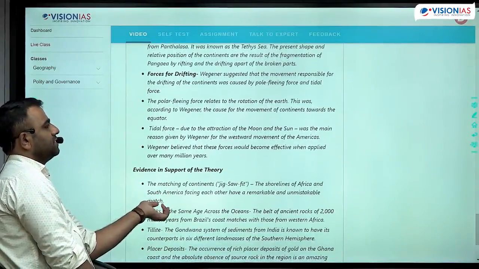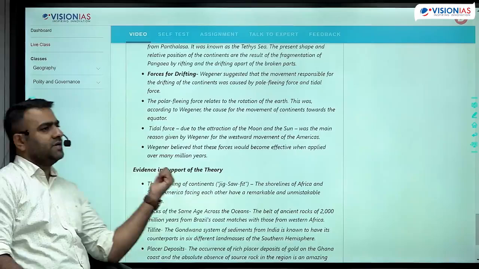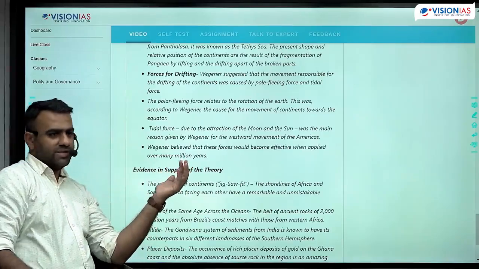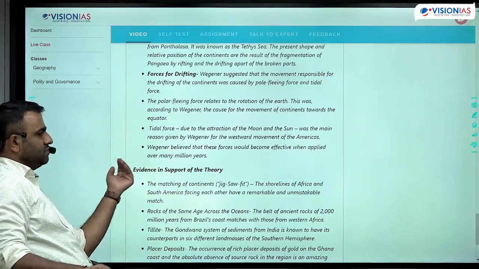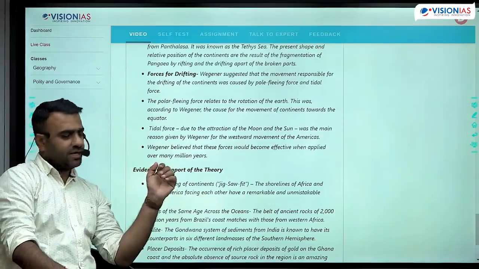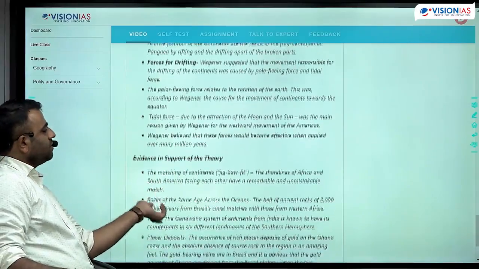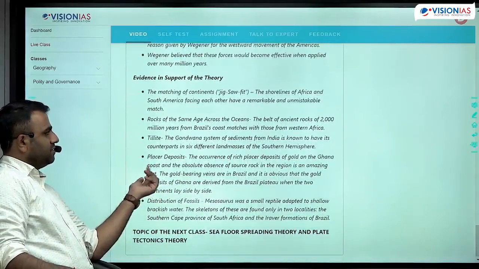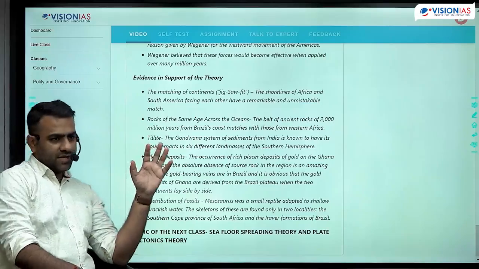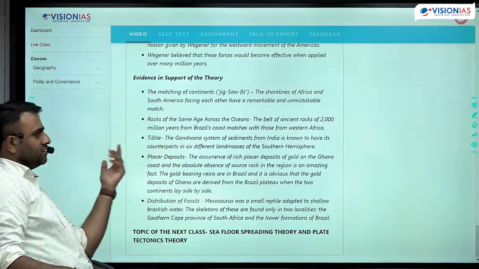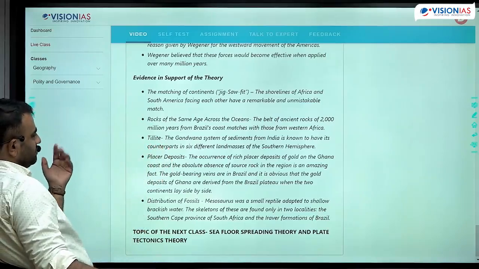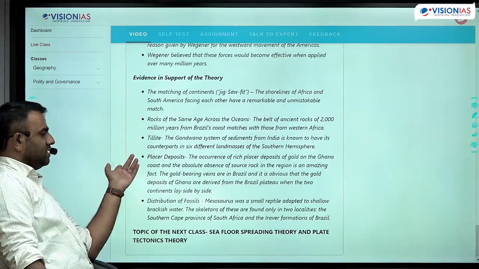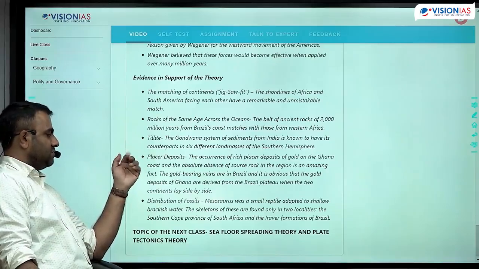The forces responsible for drifting as per Alfred Wegener include the pole fleeing force, which is generated due to the difference of gravity and buoyancy. And then tidal force is due to the gravity of sun and moon, causing the tidal effect. Okay, so the evidences are very important. The jigsaw fit of the continents having the exact similarity of coastlines across the ocean separated by thousands of kilometers, and rocks of the same age across the oceans, and the structural deposits.